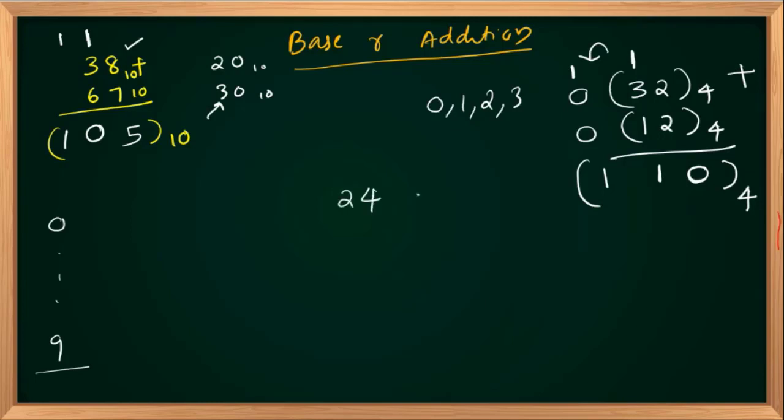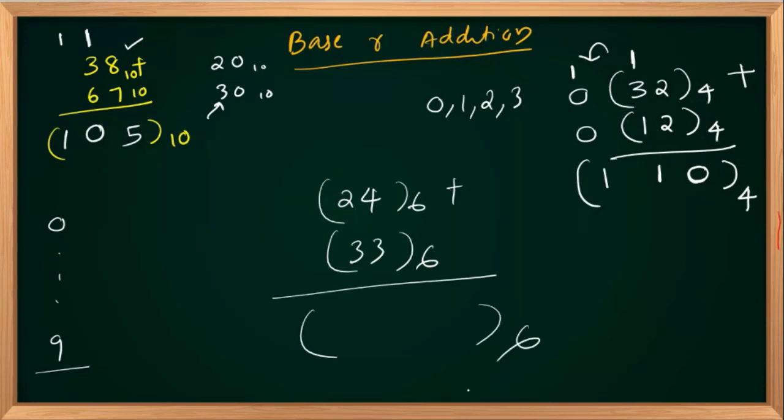Let us have another addition in base 6, right? 24 base 6 plus 33 base 6. And I'm expecting a result in base 6. What is your result? 4 plus 3 is 7. I cannot write 7 because it's a base 6 system. So I should subtract the base. So 4 plus 3 is 7. 7 minus 6 is 1.